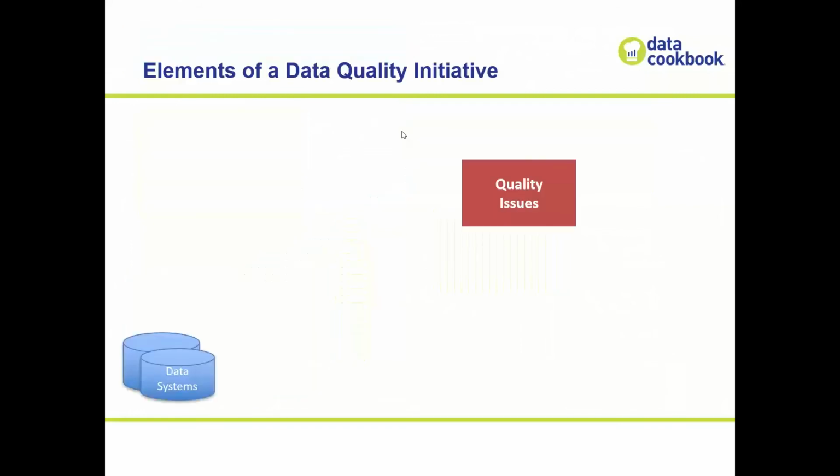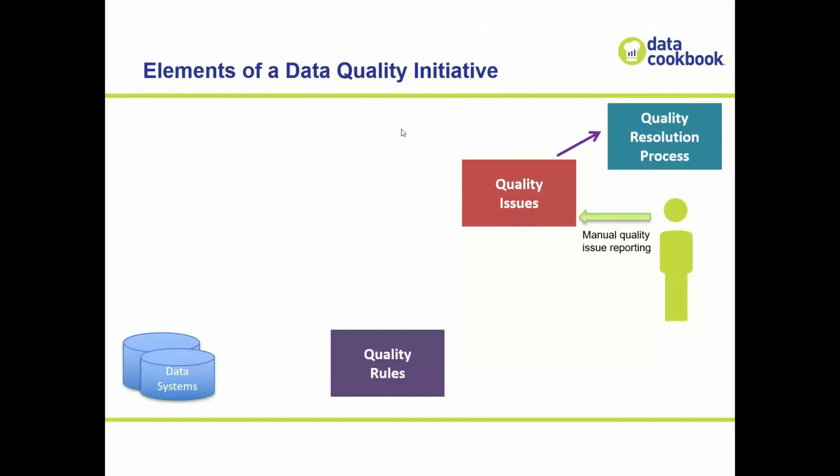So in our data quality process, we'll go through and talk about good data quality initiative best practice, but it really can start with the issues, and that can be manually reported issues that go through a quality resolution process that maybe ends up creating quality rules, like, oh, all employees have to have a primary email address, and then an assessment of those.